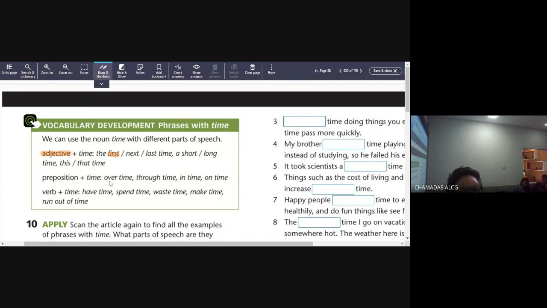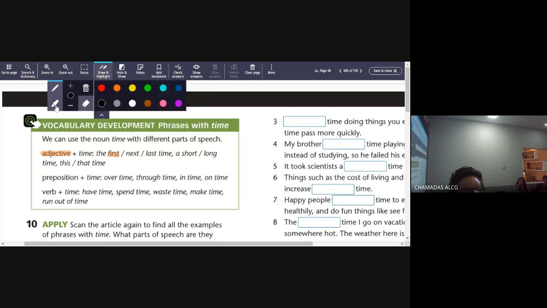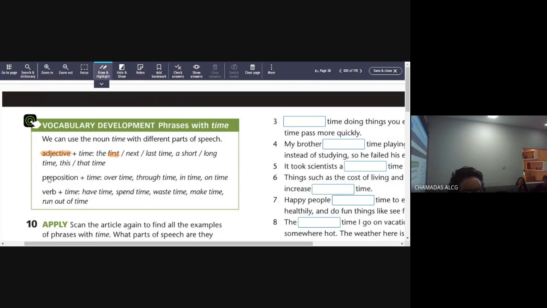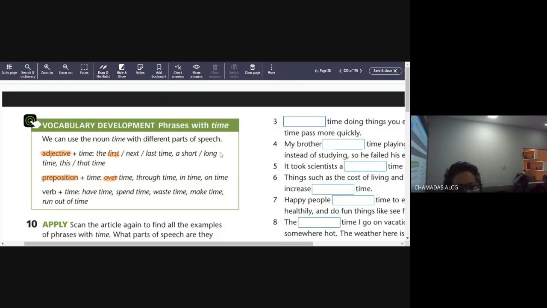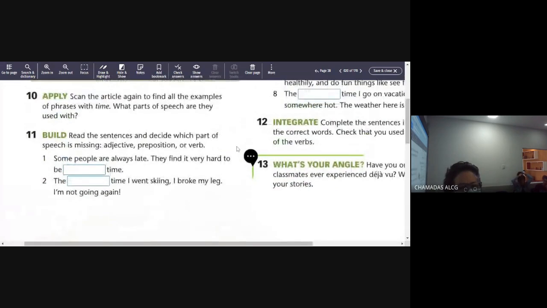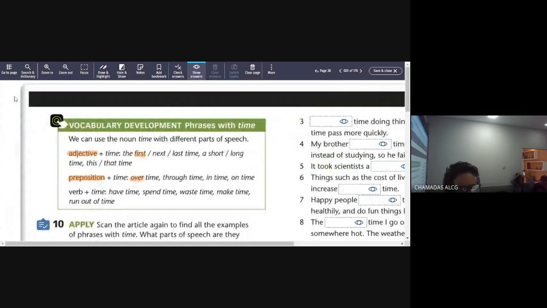Okay. So we had one example with preposition here. Let me just mark for you. Over. Okay, guys. And we had each time, which is not here, but we can consider that an adjective. Okay, guys. Having done this, let's see if our answers are correct. Let's see if it opens.